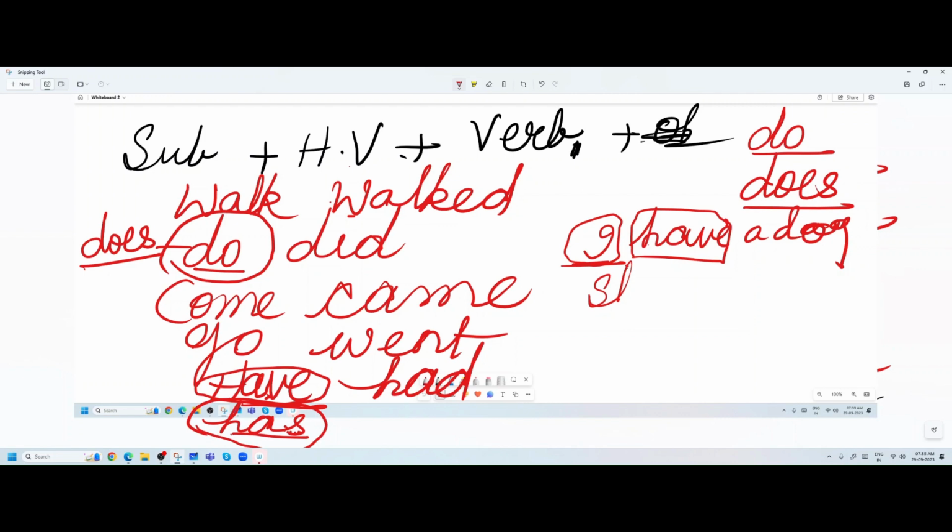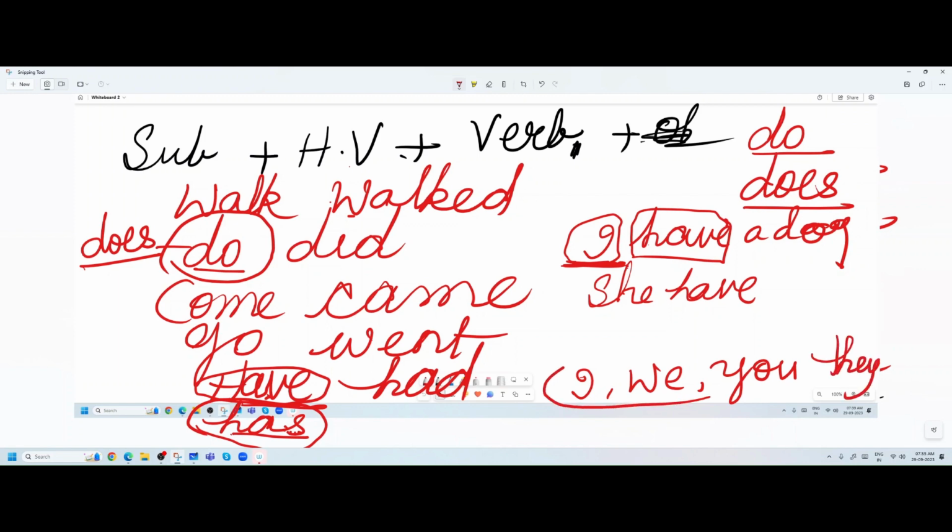Now, see, I have a dog. Now, she have a dog, I cannot say. And this particular I, which joins with the plural form, usually in every grammar book, they frame a structure over there. I, we, you, they, they categorize it in this way that it forms a group, and this particular I joins the plural form.